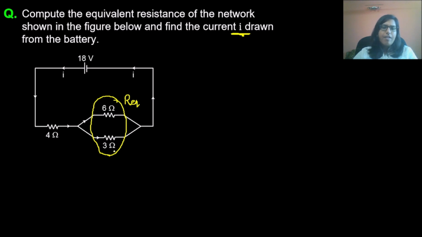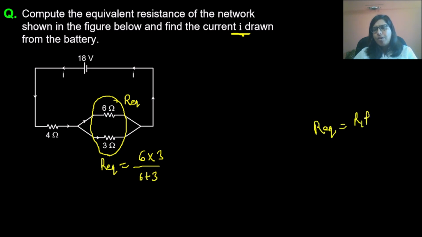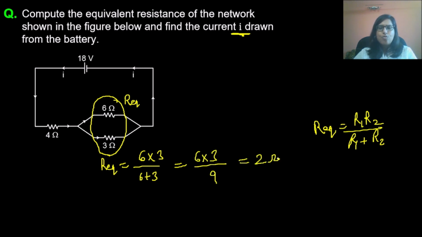So equivalent of these two resistances will be 6 into 3 upon 6 plus 3. For two resistors you can remember this formula. So it will be 6 into 3 upon 6 plus 3, that is 9, that is 2 ohm.